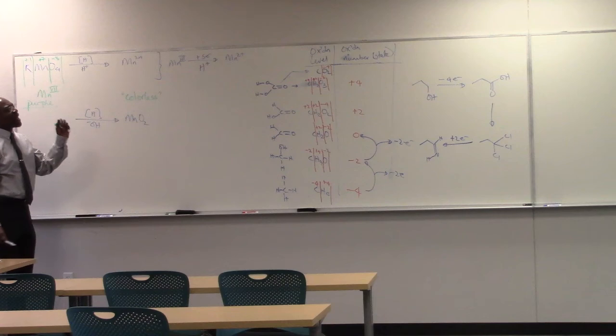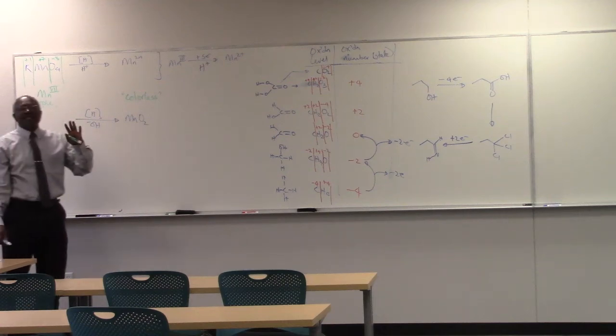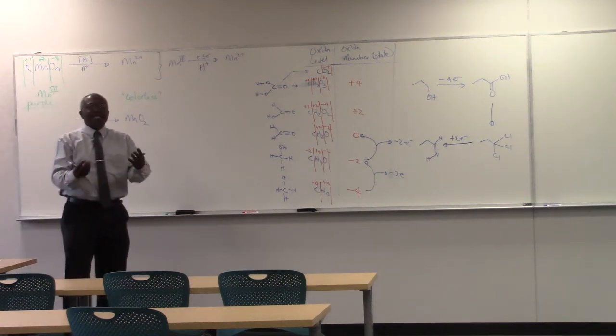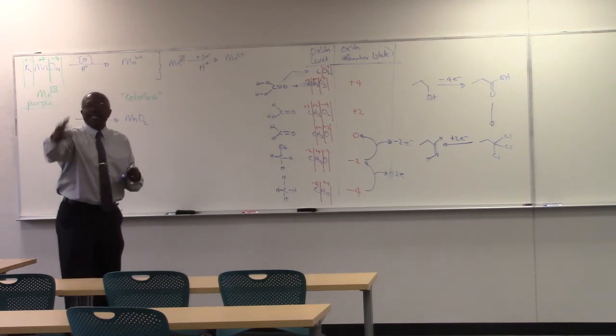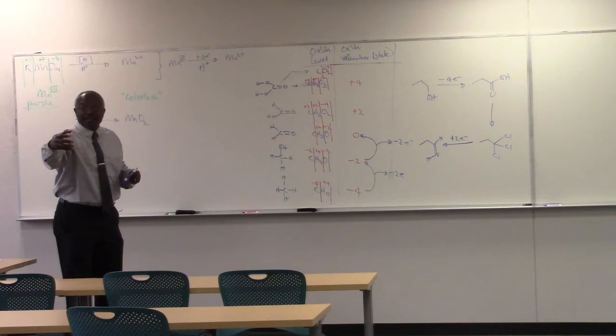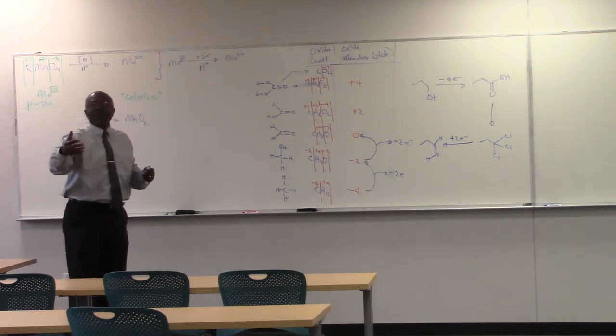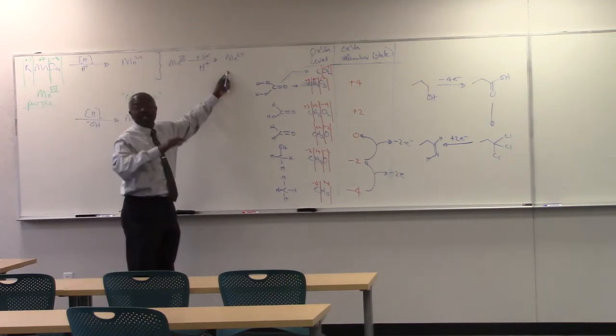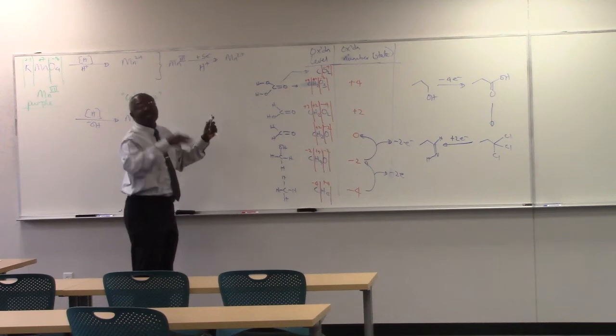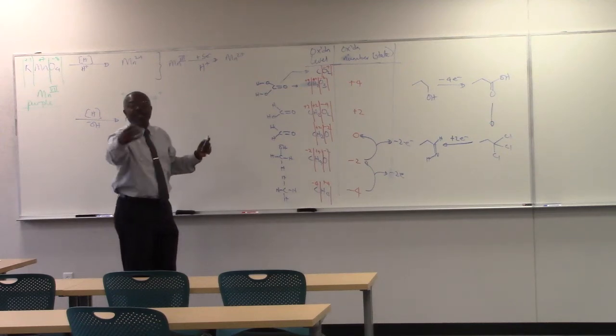And of course, the manganese 7 is gaining 5 electrons, which means it is taking 5 electrons from somebody else. So that somebody else is then losing electrons and becoming oxidized in the process. So the manganese is getting reduced, that's the reduction part, and the other thing is getting oxidized, that's the oxidation part.